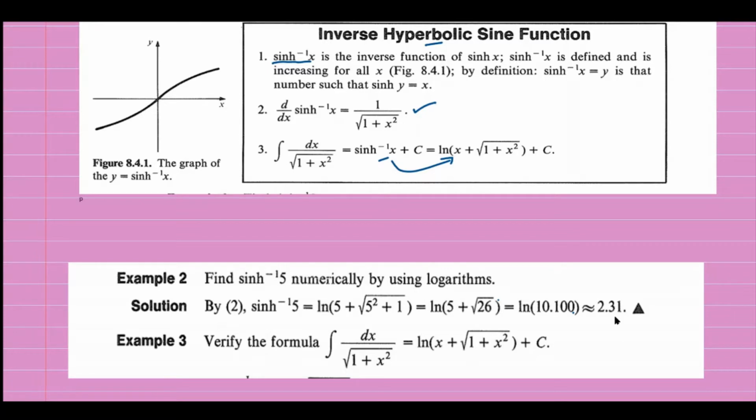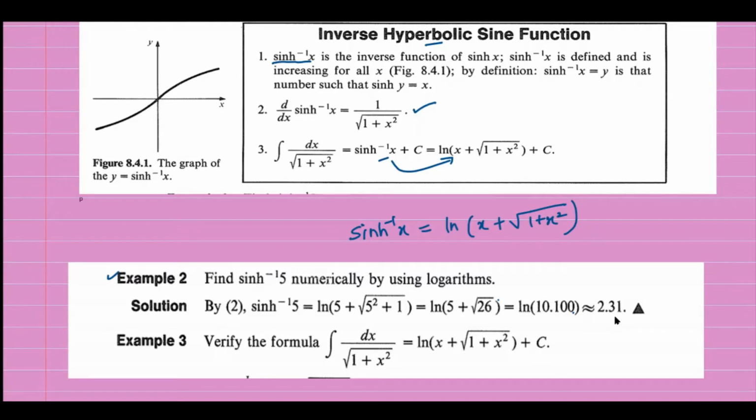Now we will see one problem regarding the inverse hyperbolic sine function. See example 2: find sinh inverse of 5 numerically by using logarithms. Here we have to simply use the formula. We have proved that sinh inverse of x is equal to natural logarithm of x plus square root of 1 plus x square.